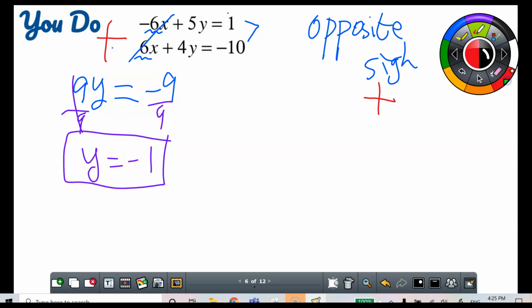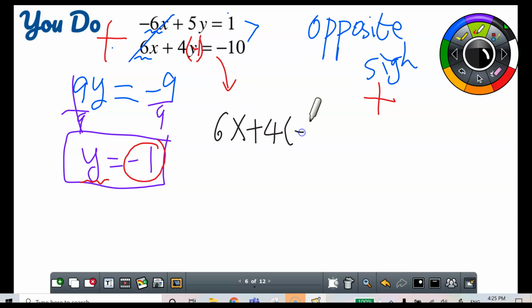And then look for x by plugging -1 into y in either of the equations. So let's use the second equation, plug -1 in the place of y, and rewrite the second equation. And solve it by getting rid of the parentheses first by multiplication, and copy the rest.